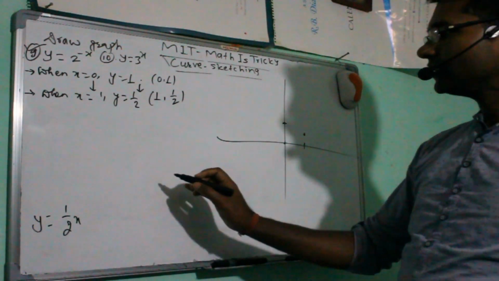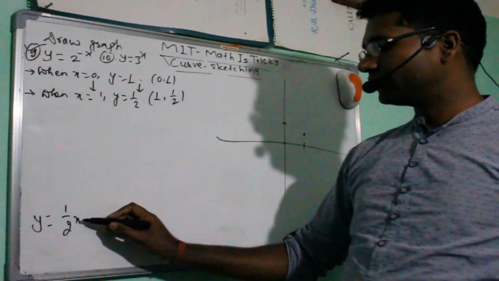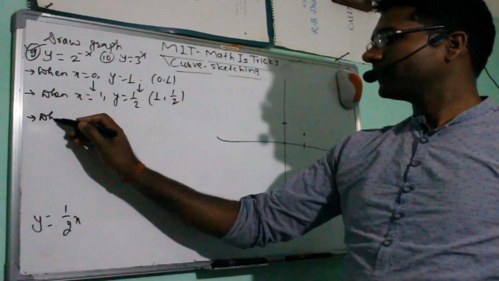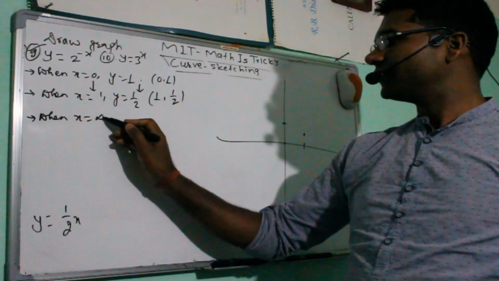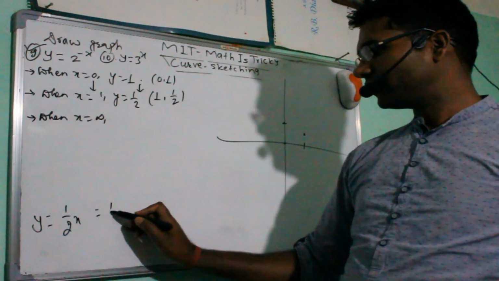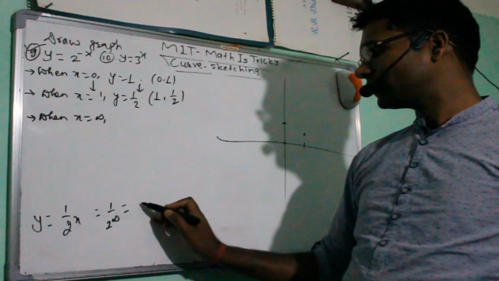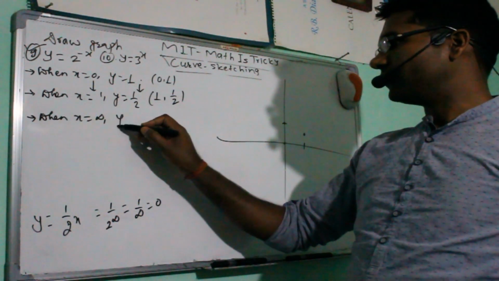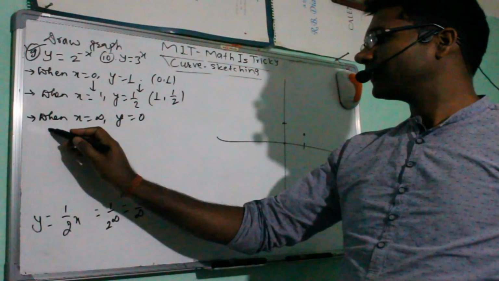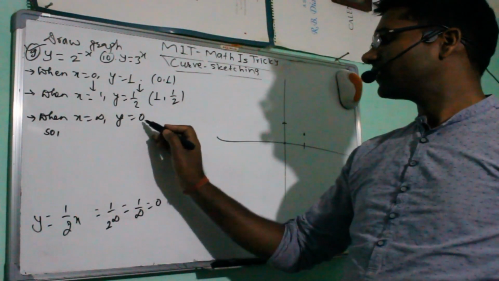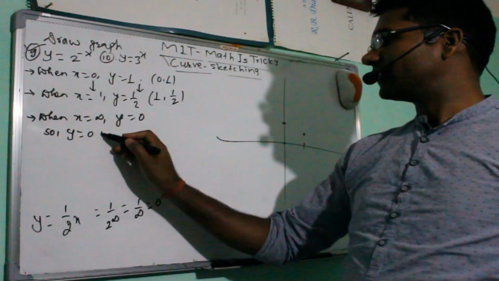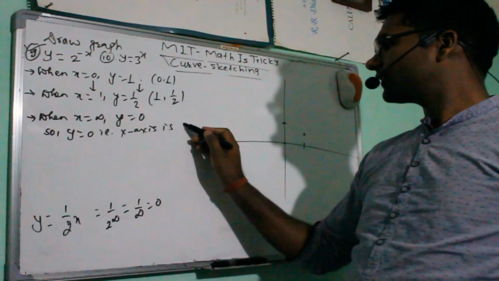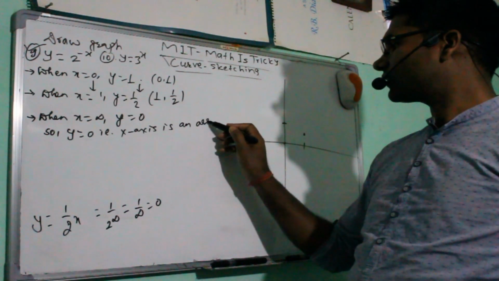So if we keep on putting greater and greater values of x, what will happen when x equals infinity? (1/2) power infinity means 1 by infinity, which is something like 0, so y will be 0. So we can say that y equals 0, that is the x-axis, is an asymptote.